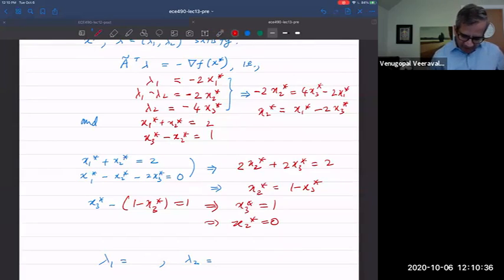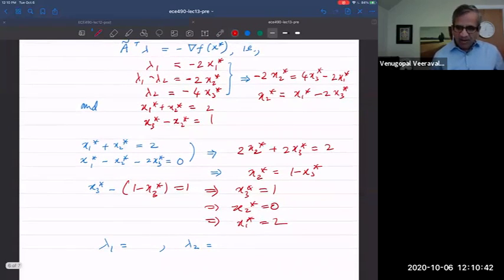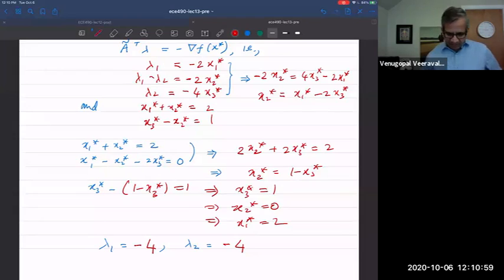And then finally, this implies that x1 star is equal to 2. Okay, and then lambda 1 equals minus 4 from that first equation up there, and lambda 2 is also minus 4, since x3 star is 1, so minus 4 x3 star.